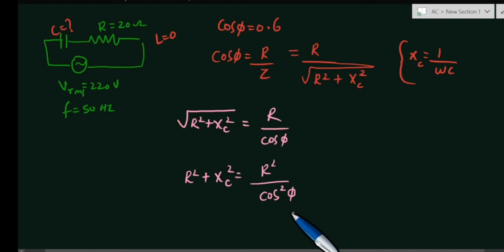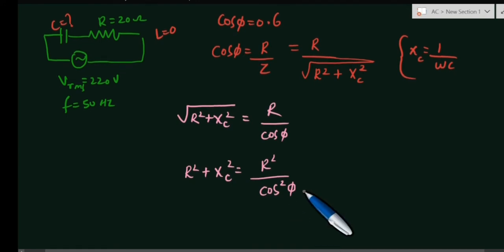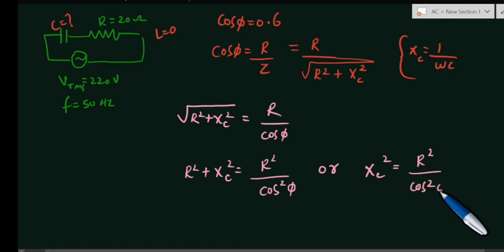Next, XC square is equal to R square divided by cos square phi minus R square.